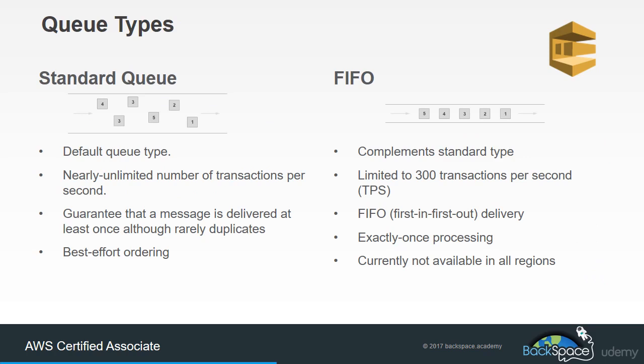There are two different queue types. There used to be in the past only the standard queue, but now we have a FIFO, or first in, first out, queue. The standard queue is the default queue type, and it provides a nearly unlimited number of transactions per second. So if you need speed, the standard queue is the way to go.